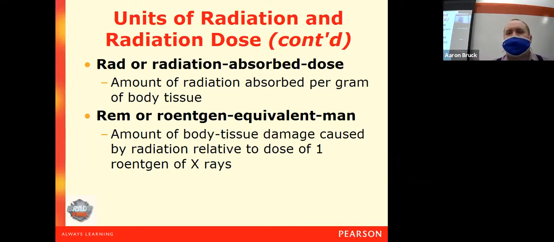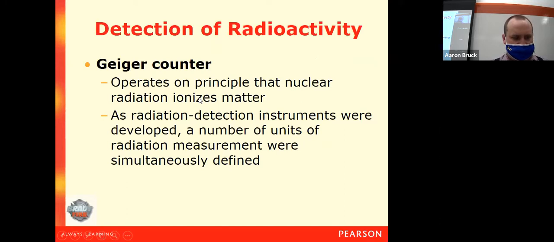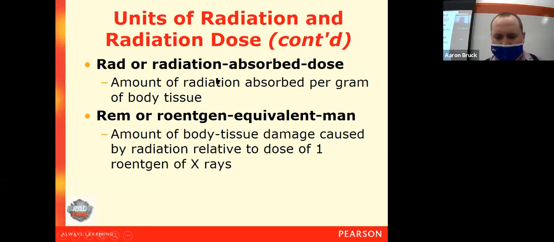The REM standardizes to a particular unit of energy, a Röntgen of X-rays. And so these two comparative values give us some idea of how much radiation's been absorbed, and possibly more importantly than that, what that is relative to other kinds of doses of radiation.